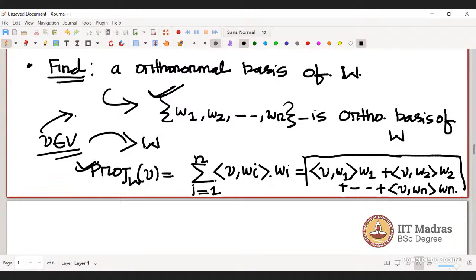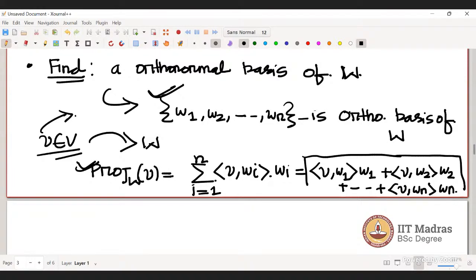Or the other way around, W1, W2, W3, each of these will be normal to V? Geometrically, I'm saying. No, that is not.